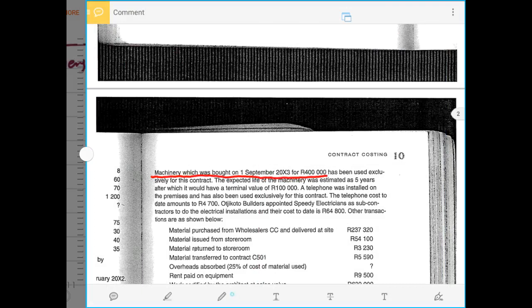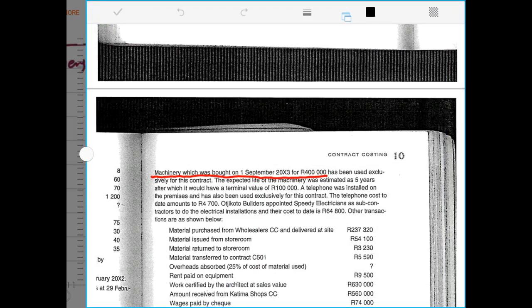So after we've recorded the value of the machine, then we check for other expenses. Now we are told that this machine was exclusively used for this contract. So if it was exclusively used for this contract, it will mean that we have to take into account depreciation for the period.